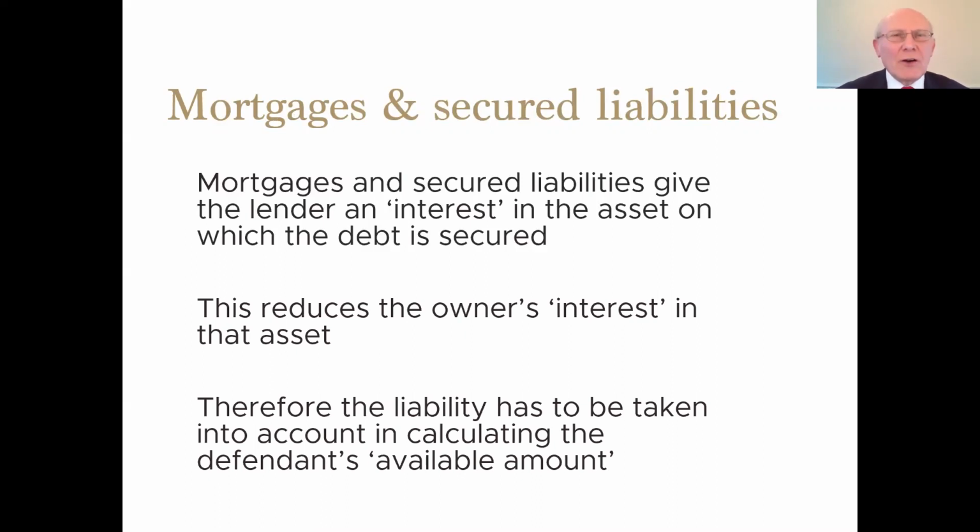And because we are only valuing the owner's interest when we're looking at available amount, the defendant's interest, I should say more accurately, then we have to take that mortgage or that secured liability into account in arriving at the defendant's interest. And that is why mortgages and secured liabilities come off in the calculation of available amount.